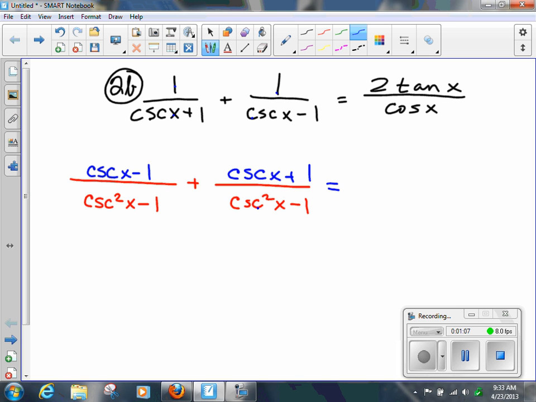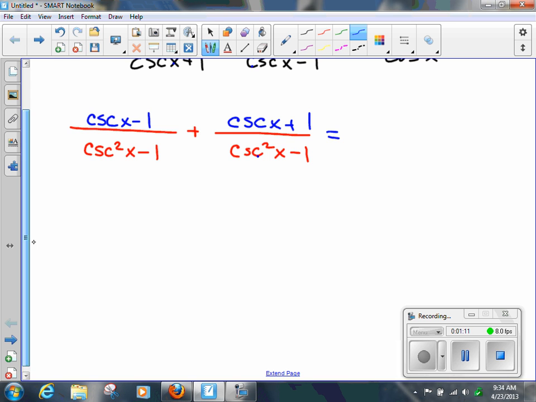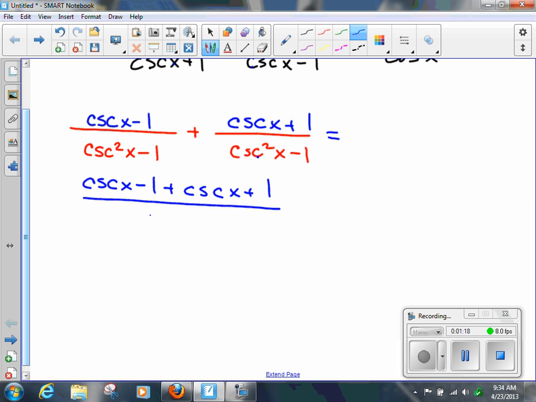Now, I'm not even going to fool with that right side yet. I have like denominators, so I'm going to smush them together over one denominator. And then look what happens. I'm going to combine like terms just like I always do. What happens when I combine like terms in the numerator?